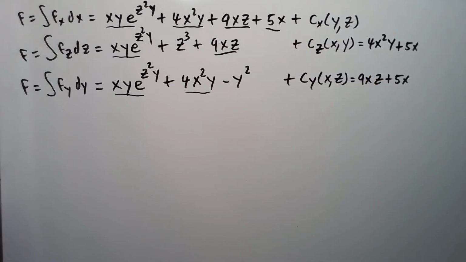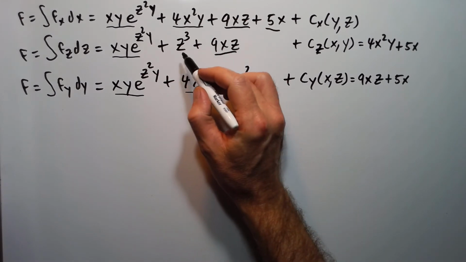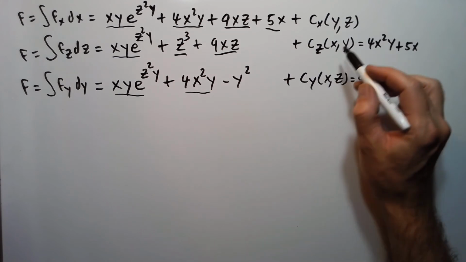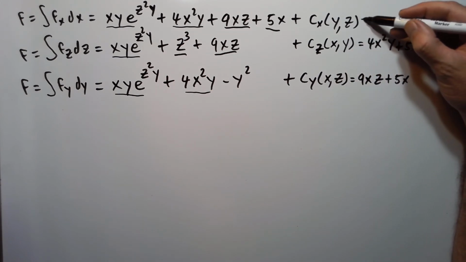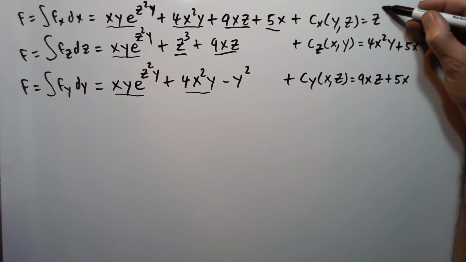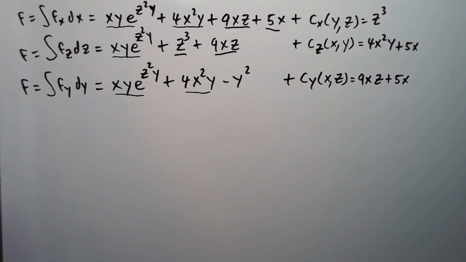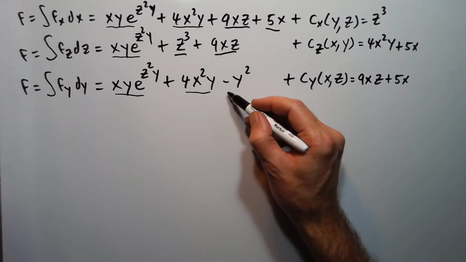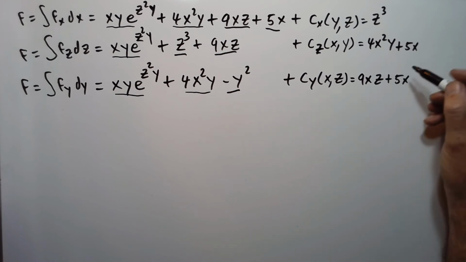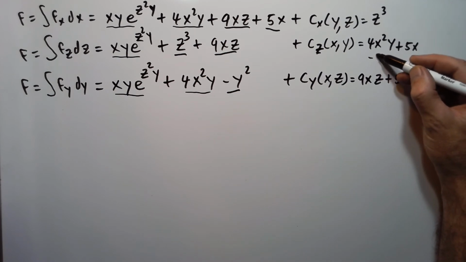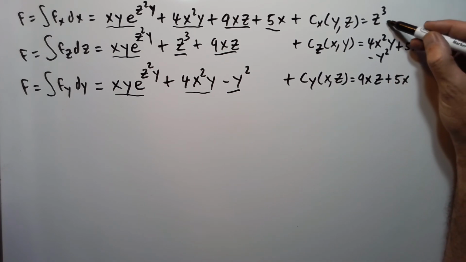Okay, so let's keep going. The second equation has z cubed. The first one doesn't have a z cubed, but I can add it there because it's a function of z cubed. And I'm just left with the minus y squared now. I can add that to this one and up here.